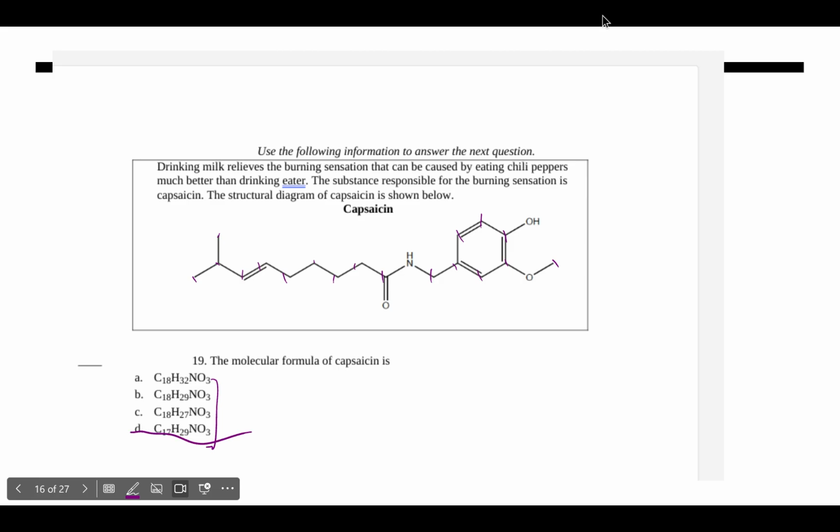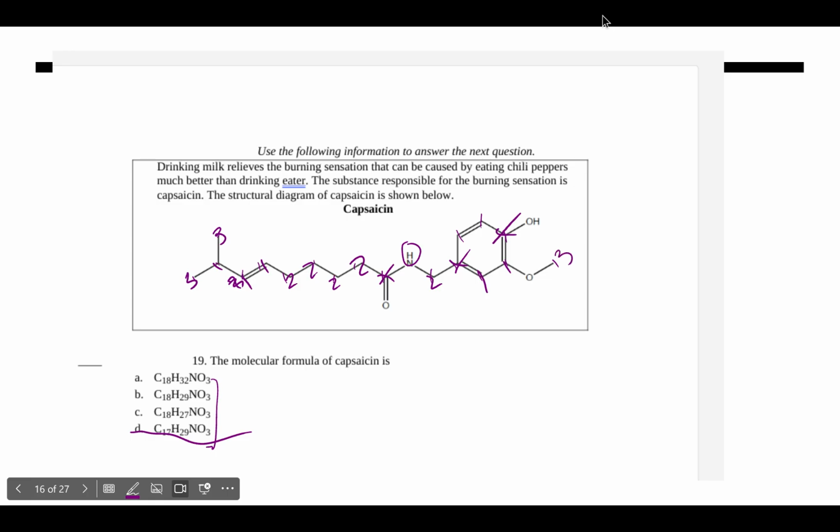And now let's count our hydrogens. You'd have 3 up here, 3 over here, 1 here, 1 here, 1 here. This is a 1, you just can't tell. You'd have 2 here, 2, 2, 2, none here. 1 here, 2 would be here, none here, 1 here, 1, 2, 3, 4, none here.